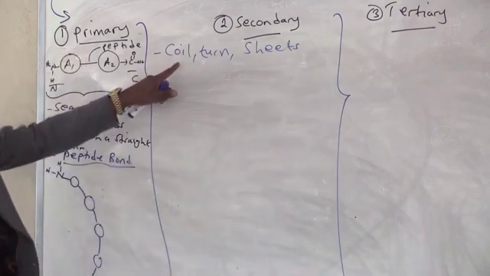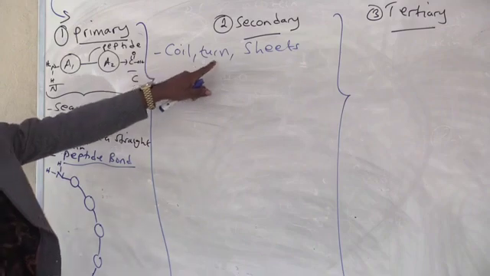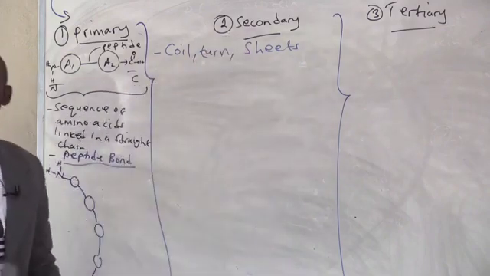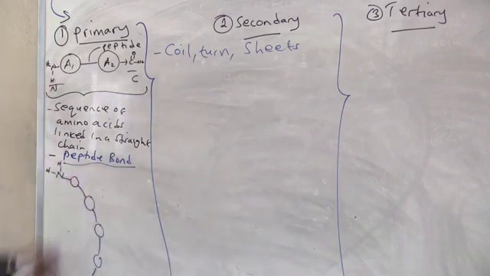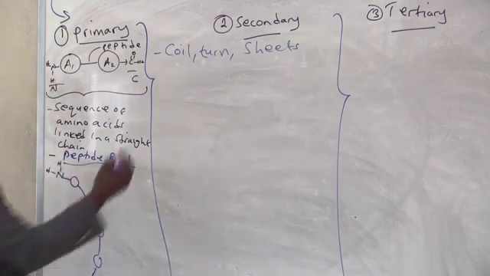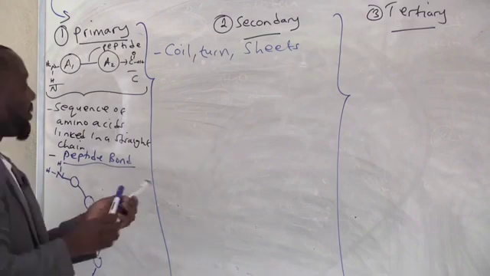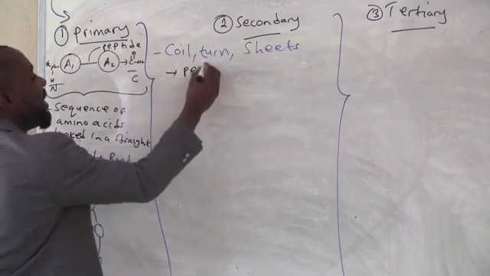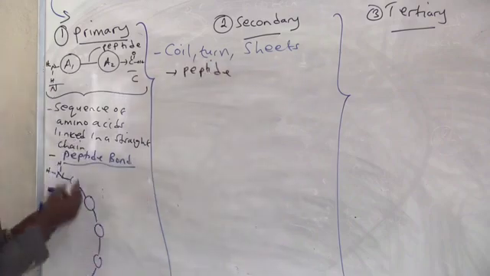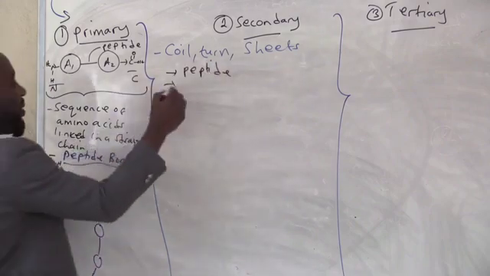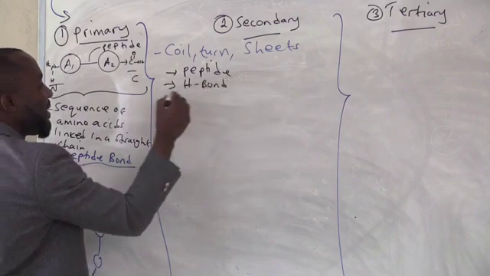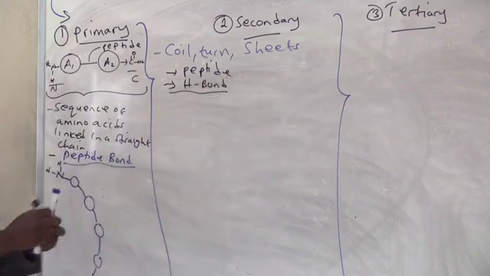So a protein coils, turns, and forms sheets under secondary structure. So it's a little bit advanced. It's not just a straight chain. And the type of bonds that are found under secondary structure, it doesn't only have a peptide bond, which was found at primary, it has also hydrogen bond present. Let me try to draw them so that you understand.